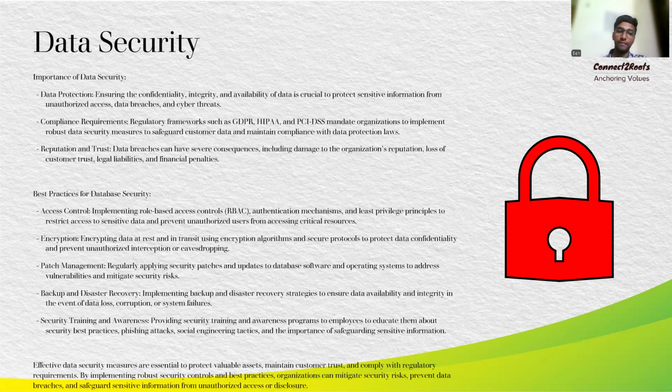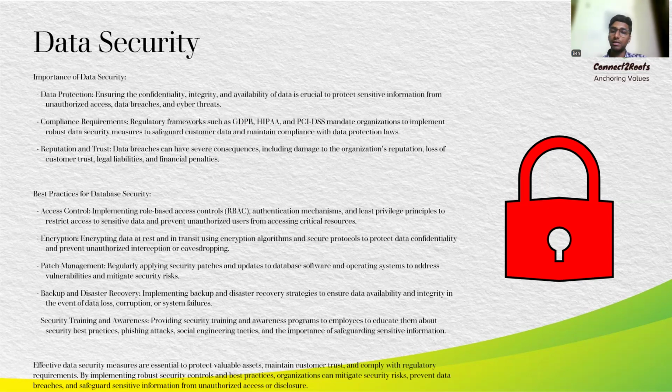Have access control, have encryption, do patch management, wherein you apply updates as and when they are released by the vendor so that you are not prone to data breaches, and have backup and data recovery setup so that you don't lose any sensitive data during a downtime. Effective data security measures are essential to protect valuable assets like your data, to maintain customer trust, and to be compliant with the legal regulations in the country.